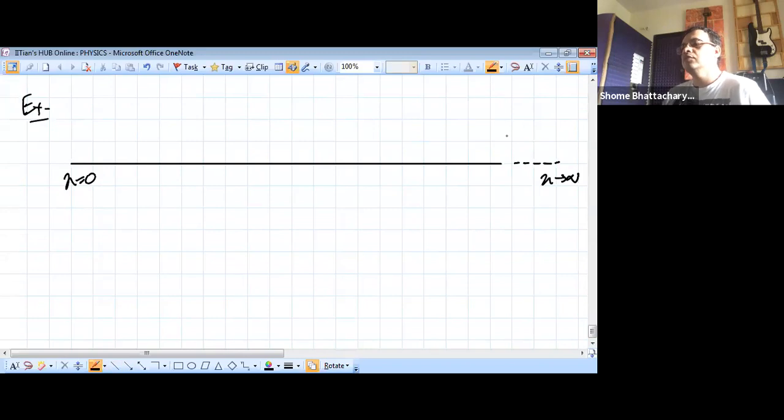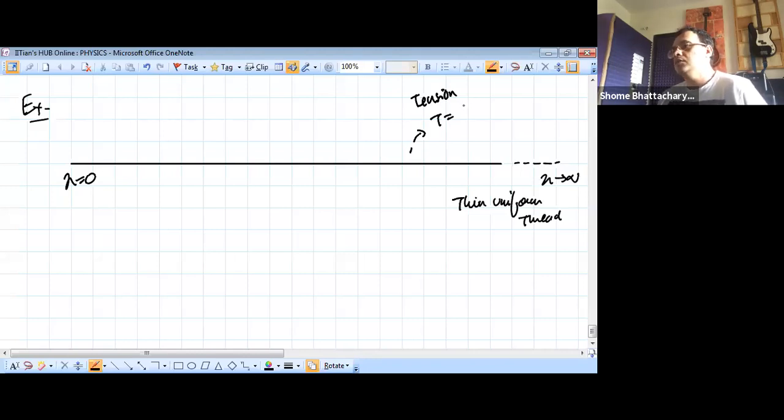So we have a thin uniform thread kind of thing, which is under a tension of T equal to, let us say, the tension here is 250 newtons, and the linear mass density is 1 gram per centimeter.